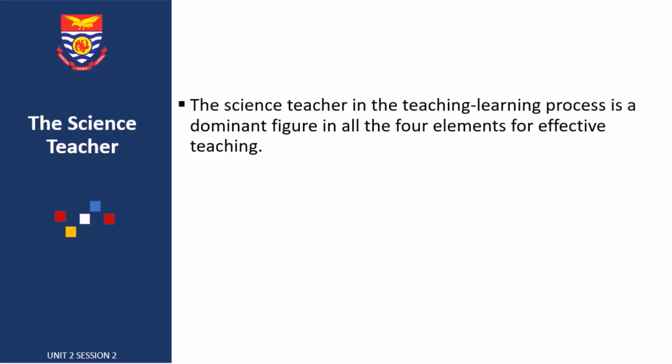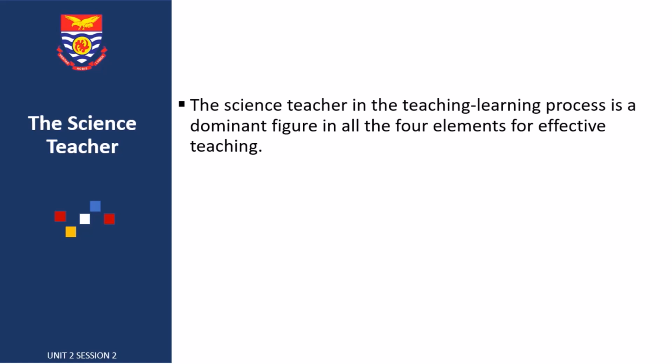Now the science teacher in the teaching learning process, we know is a dominant figure among the 4 elements for effective teaching. Remember in our previous session, we saw that there are 4 elements that interact for effective teaching and learning.